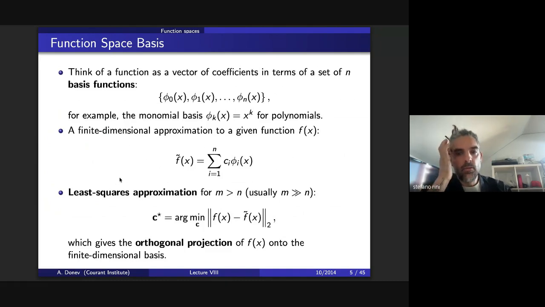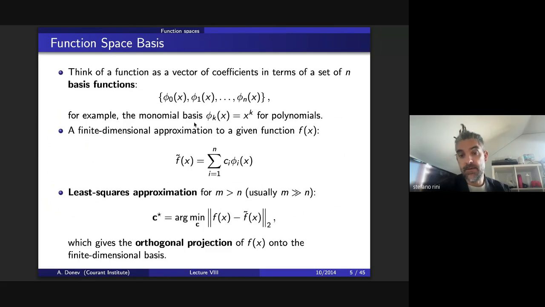And then what we would say is that if you give me a set of basis functions for a space, I can build a finite dimensional approximation of a function over the set of bases that you give us. Okay, so here we're back at the continuous case. Let's say that we define this basis function phi k of x to be x to the k. We discuss later whether this set of functions is orthogonal or not.